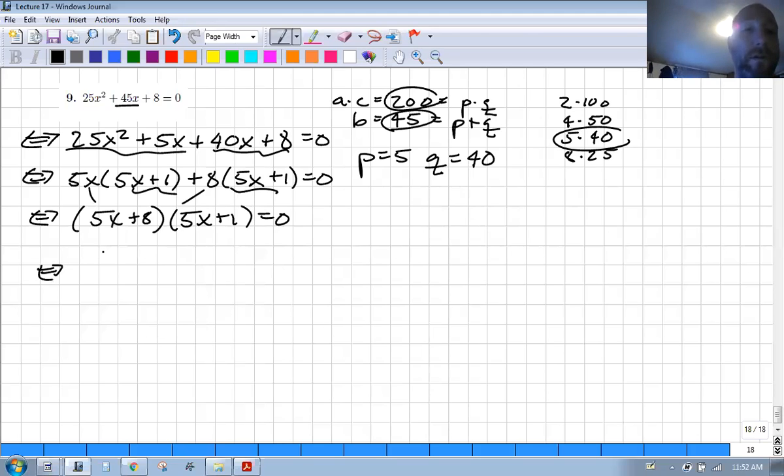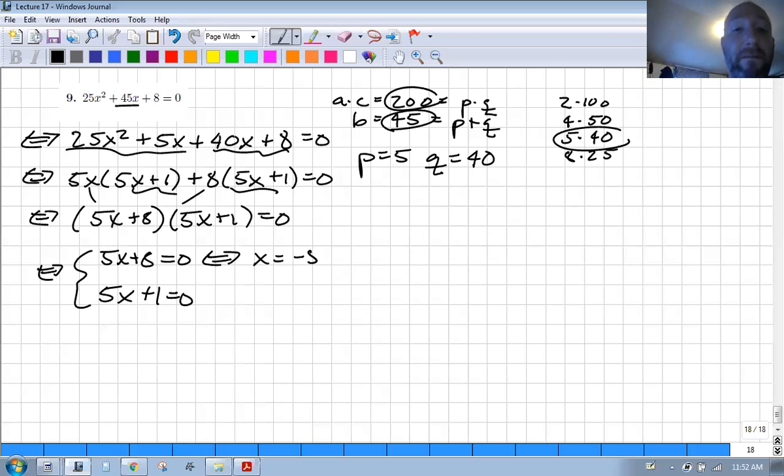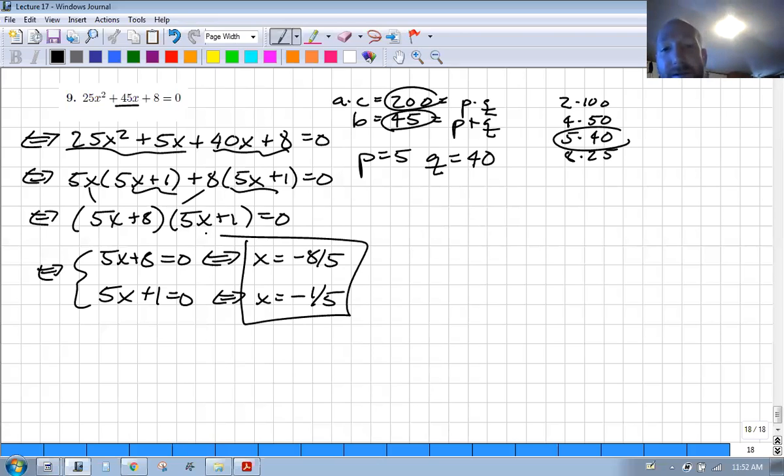So either 5x plus 8 is 0, or 5x plus 1 is 0. This one says that x would be -8/5. It says that x is -1/5. So those are our two solutions.